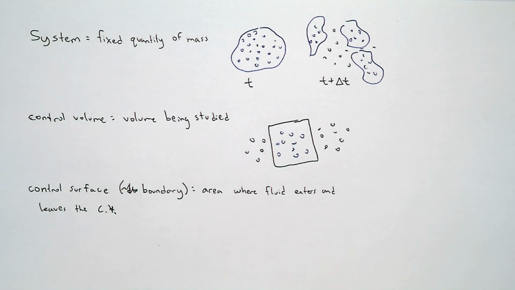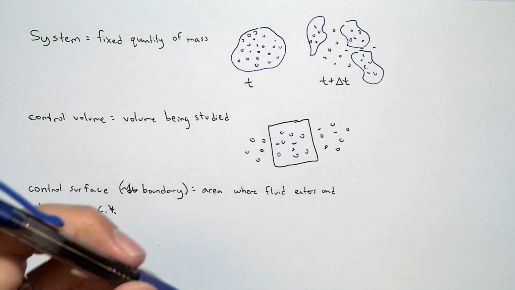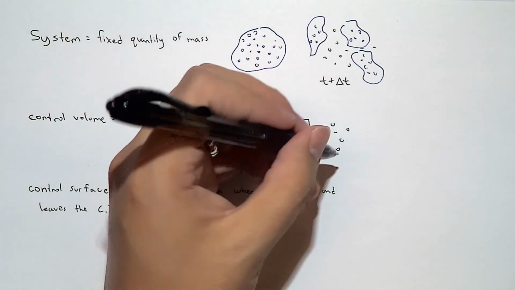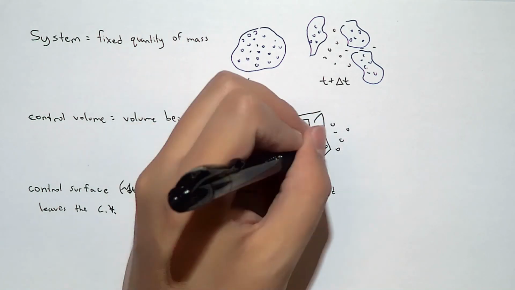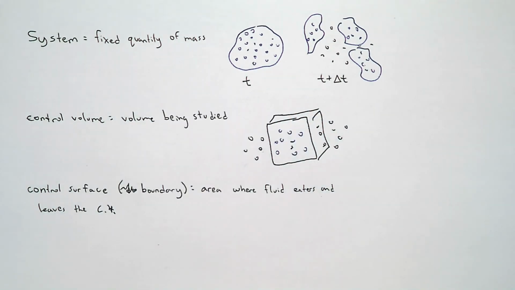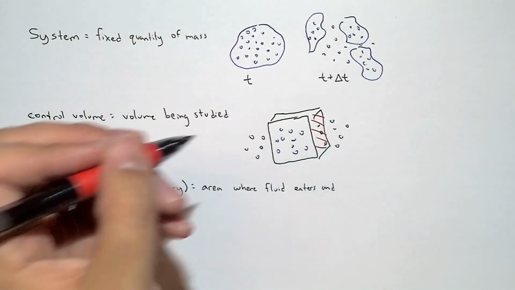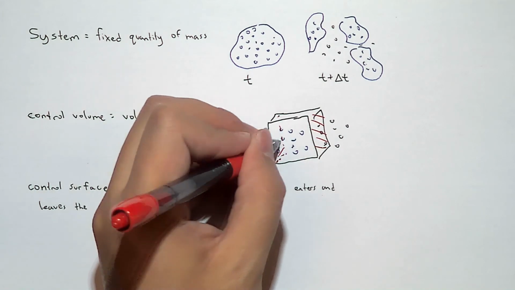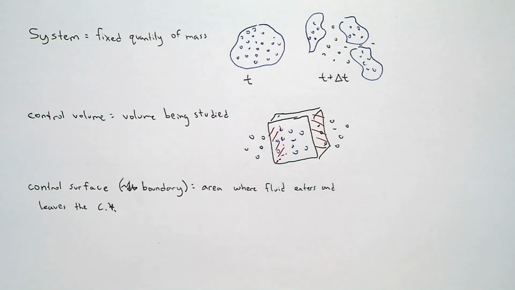So in this case, if my fluid is entering and leaving through this area, then this will be my control surface, and perhaps this will be my control surface. A control volume can be made of only control surfaces, or it can have some of its sides as control surfaces. It's all up to you, up to the person that's actually studying the fluids.